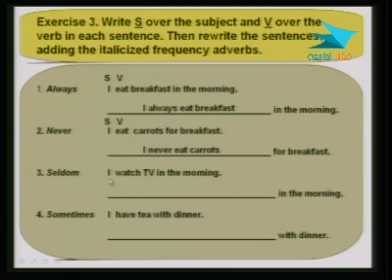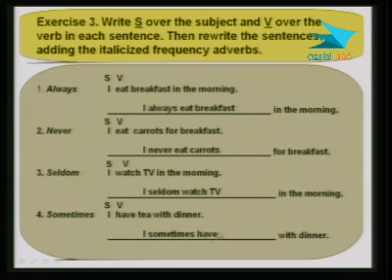Seldom. Subject, verb, and I seldom watch TV. And now I think you know, of course, how to do the rest of the sentences. Sometimes. I is the subject, have is the verb, and it will be I sometimes have tea with dinner.